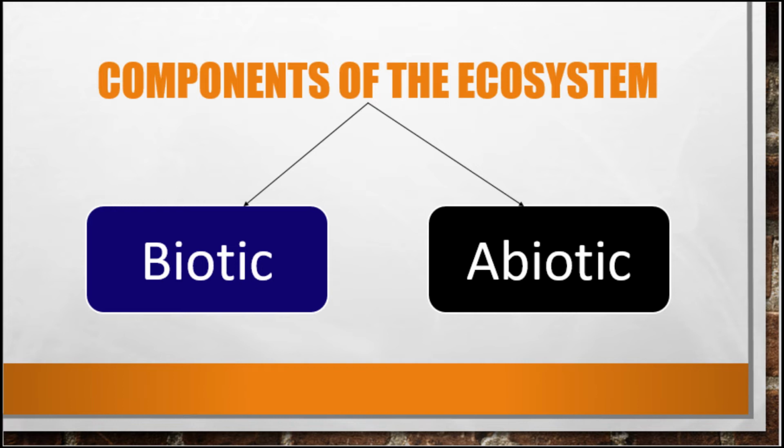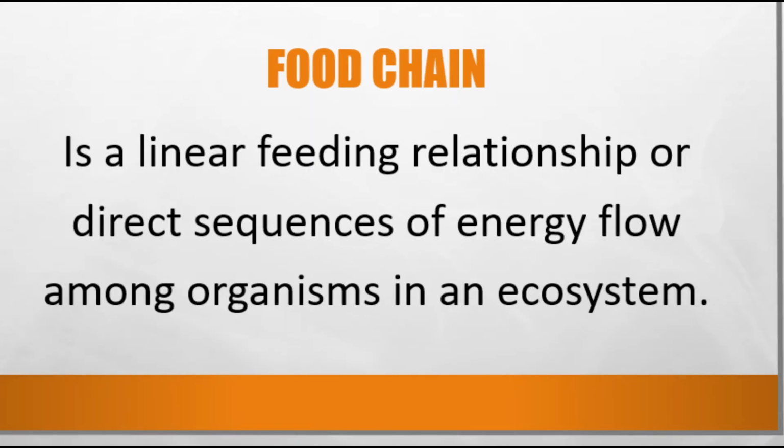Now, since we've looked at both the living and the non-living components in the ecosystem, let's look at how the living components, that's the plant and animal, interact, or how one feeds on the other and how energy is transferred from one to the other. This brings us to the subtopic food chain.